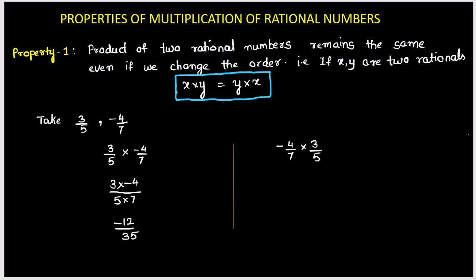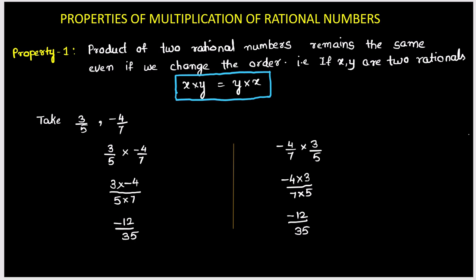So here also we can write minus 4 multiplied by 3 upon 7 multiplied by 5. Here these numbers are not divisible by any number because they don't have a common factor. So we multiply as they are, that is minus 12 upon 35.